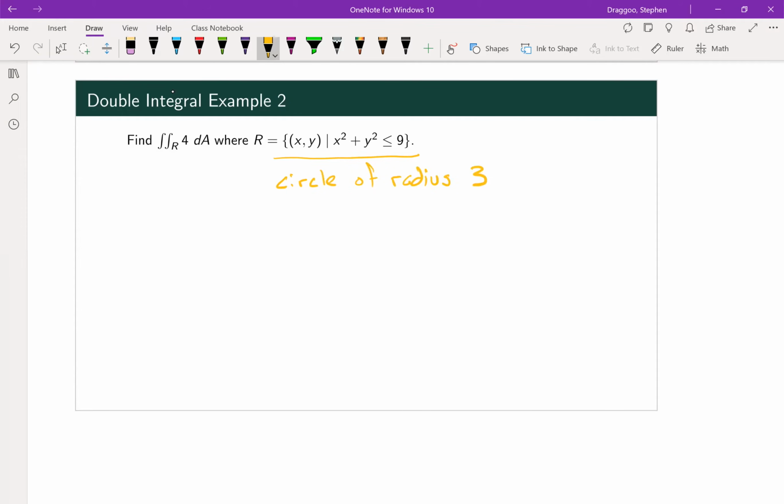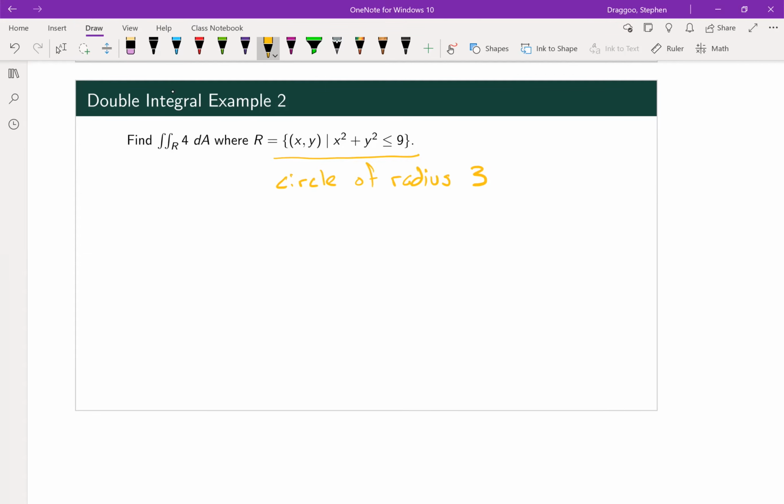Right, and we're filling in, and since we're taking the inequality there, where x squared plus y squared is less than or equal to 9, that's all points inside of that circle and along the boundary of that circle. Less than for all the interior points and equal to for the boundary part. So that's going to be our region, and we're integrating the function, which is just 4.